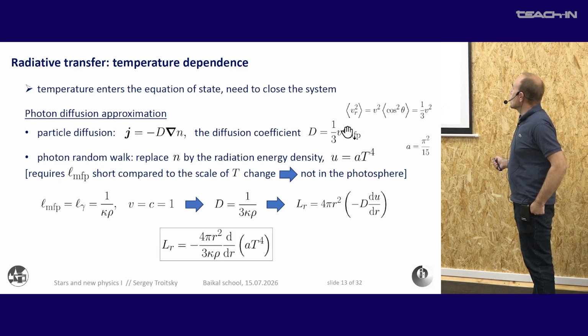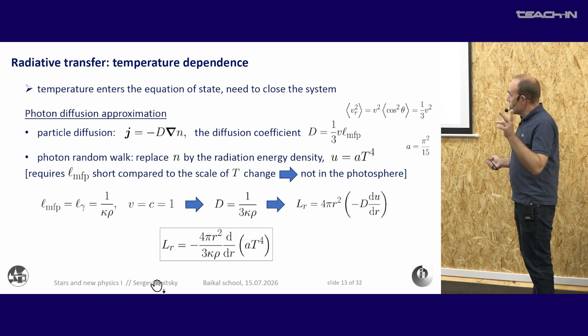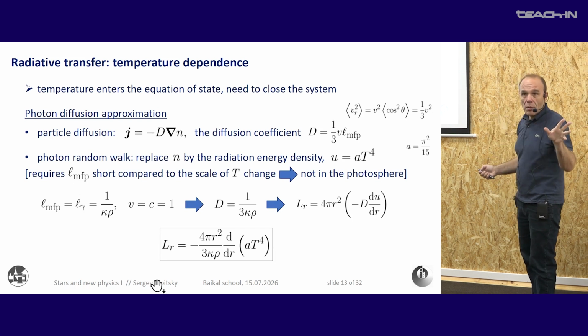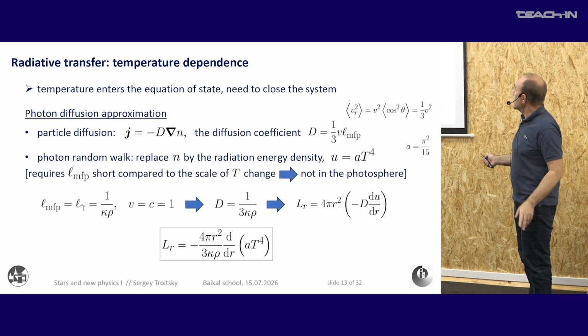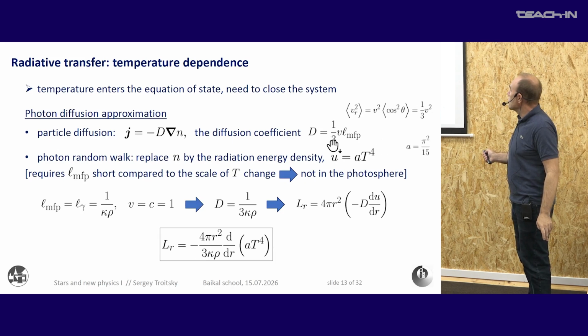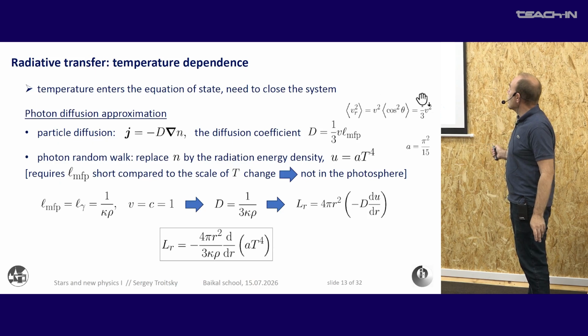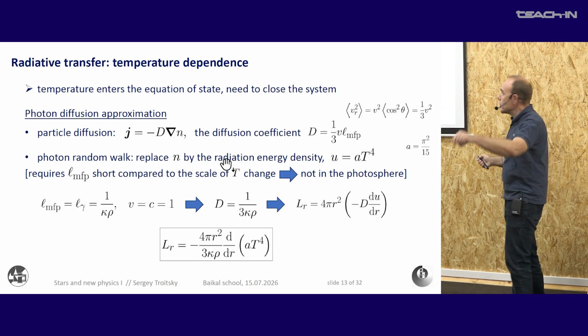And for the velocity, we should take the velocity squared. Here we have the first power of velocity, but for some reason I average velocity squared. This is a question for homework.